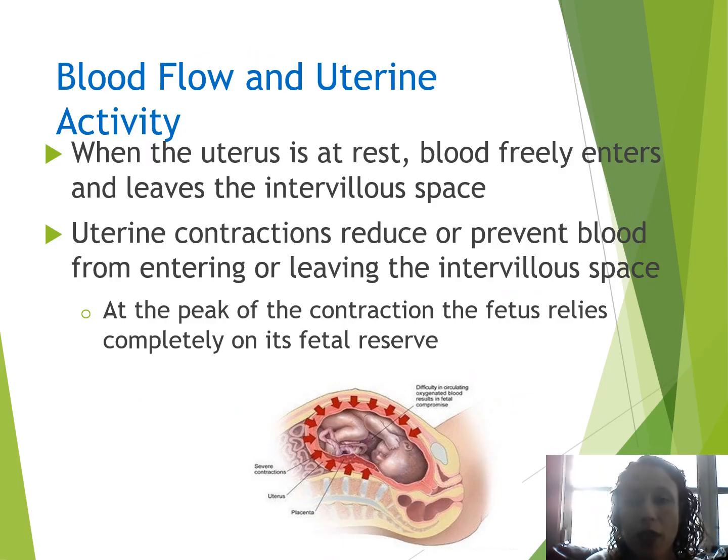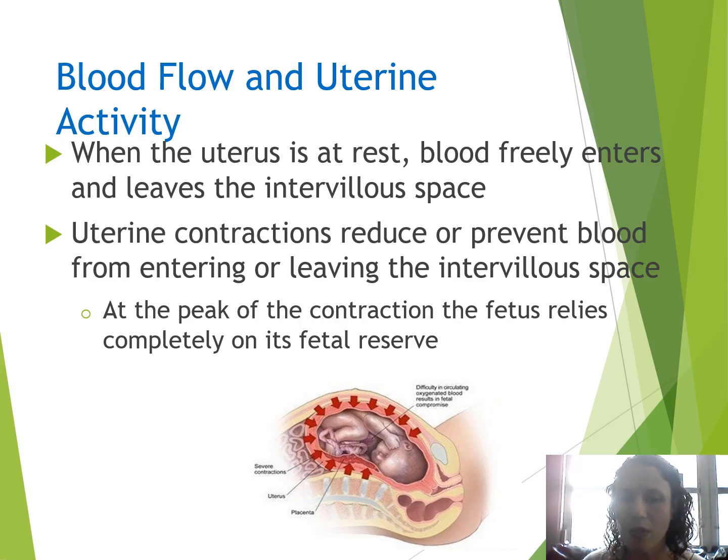So, like I said, when the uterus is at rest, the blood is able to flow freely into that space. They have optimal perfusion. But when you're at the peak of a contraction, baby is not able to get any blood flow. So think about it. If you are truly exhausted, say you just ran like a 15K or something like that, and then somebody asks you to hold your breath, it's going to be a lot harder for you to hold your breath for a long time than it would be if you were completely at rest.